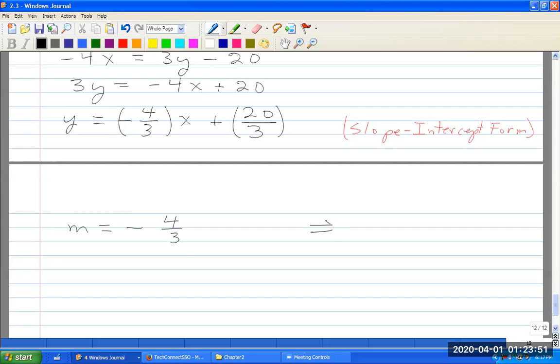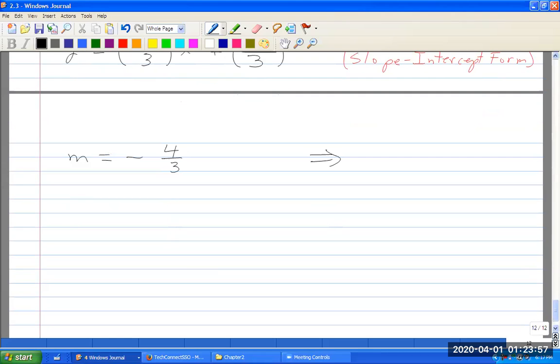And so the slope of a line perpendicular to this line will equal its negative reciprocal. And so this will equal positive 3/4. So now I'll use the point-slope form for the equation of a line.